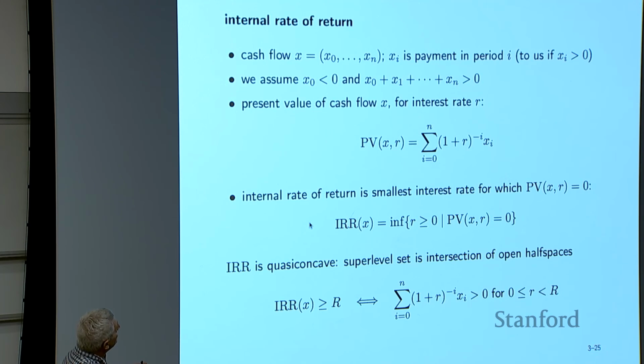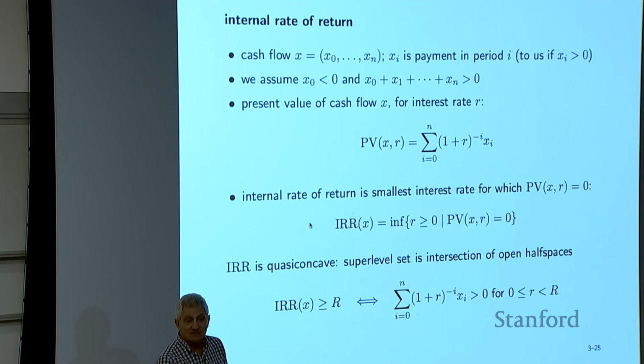Okay. So people talk about the present value of the cash flow. With an interest rate r, you simply multiply: a payment to me at period i is worth (1 plus r) to the minus i. So if r is 5%, and it's 10 years, it's worth only 1 over 1.05 to the 10.